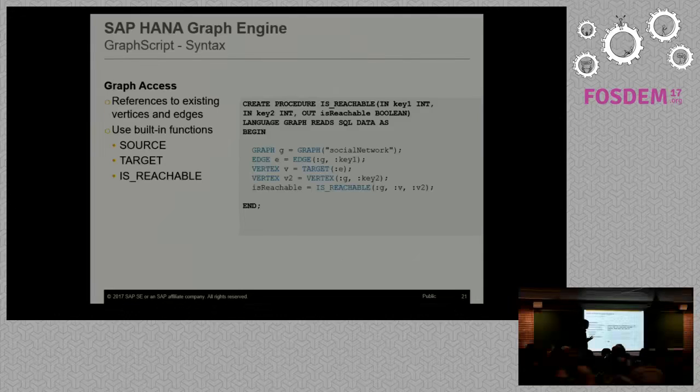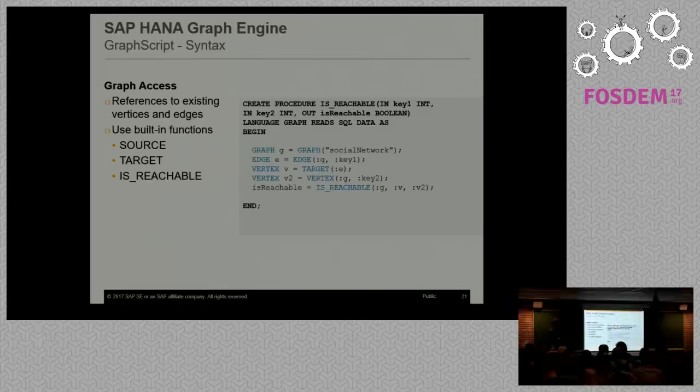Then I fetch an edge out of it with a specific key, which I provided as input parameter. And then I take the target vertex of this edge, and I fetch a second vertex with a key I took as a second input parameter, and now I call this built-in reachable algorithm on graph G from vertex V to vertex V2 and get the result.